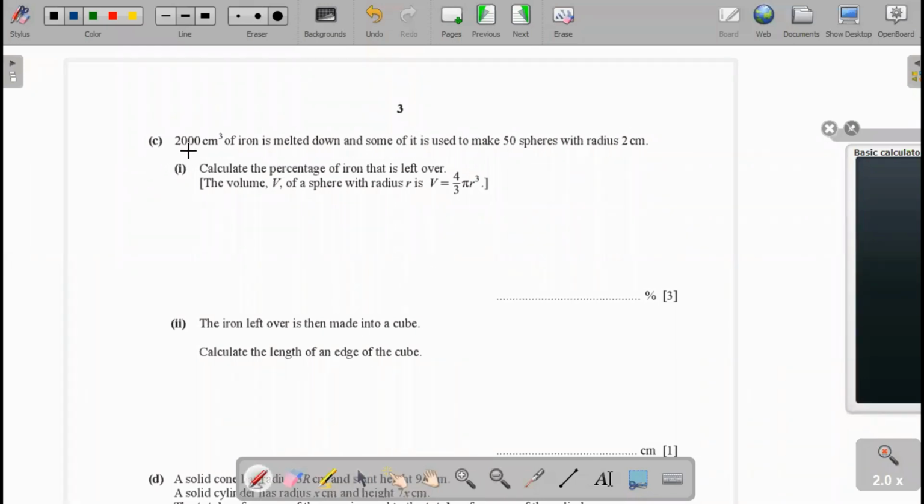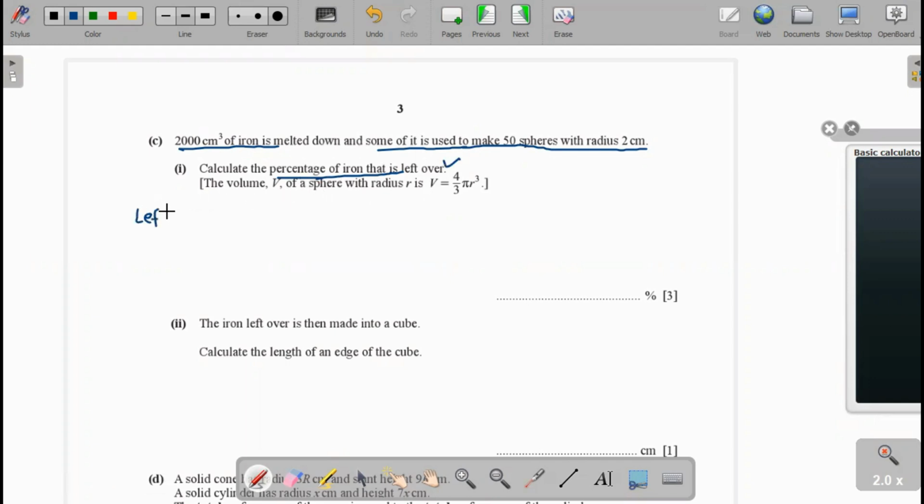In part C, 2000 cubic centimeter of iron is melted, and some of it is used to make 50 spheres with radius 2 centimeter. Calculate the percentage of iron that is left over. Now, firstly, we have to find the leftover iron.